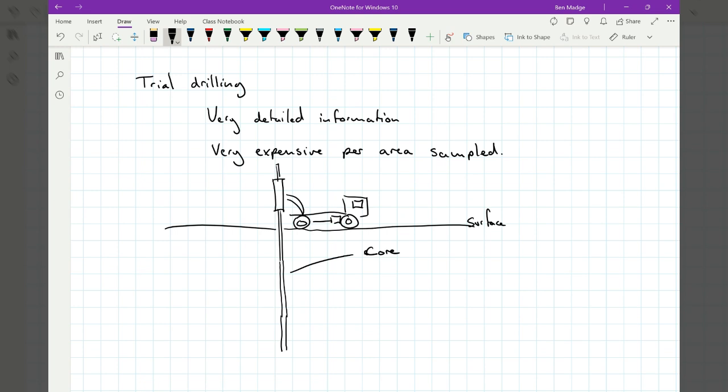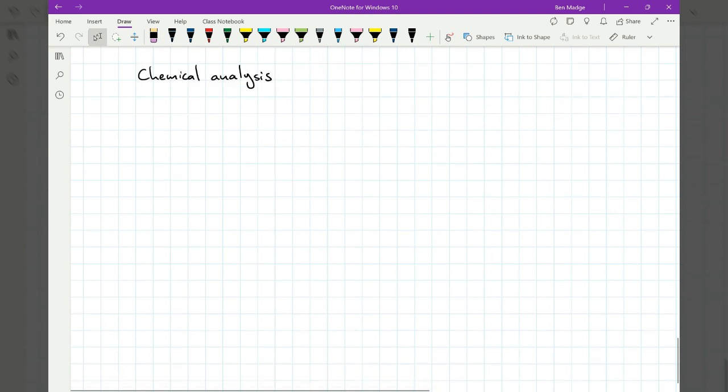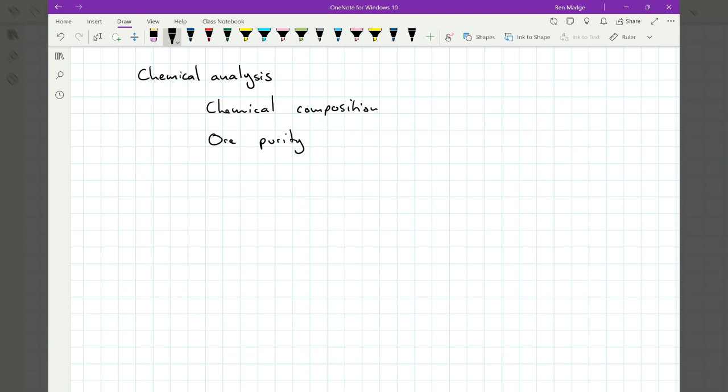And then you take these cores that you've drilled out and you do some chemical analysis, and you can find out the chemical composition and ore purity from the rock samples. And these could come from our cores that we've done from drilling.